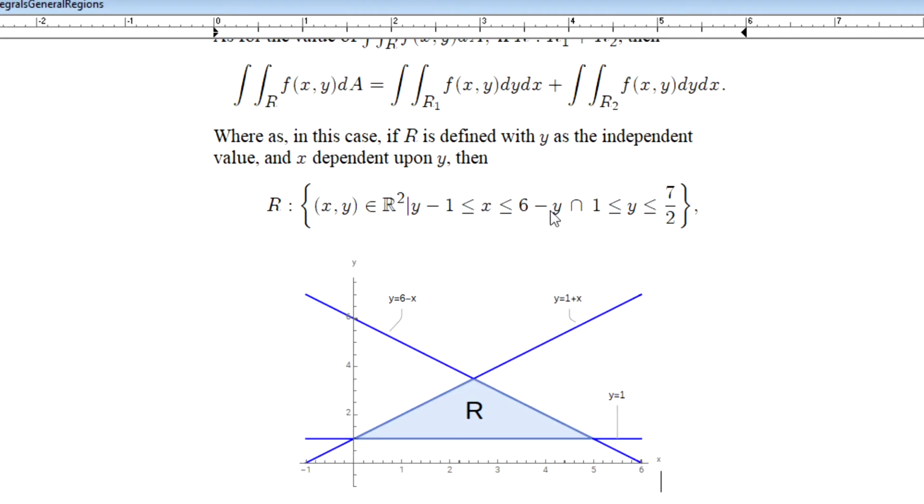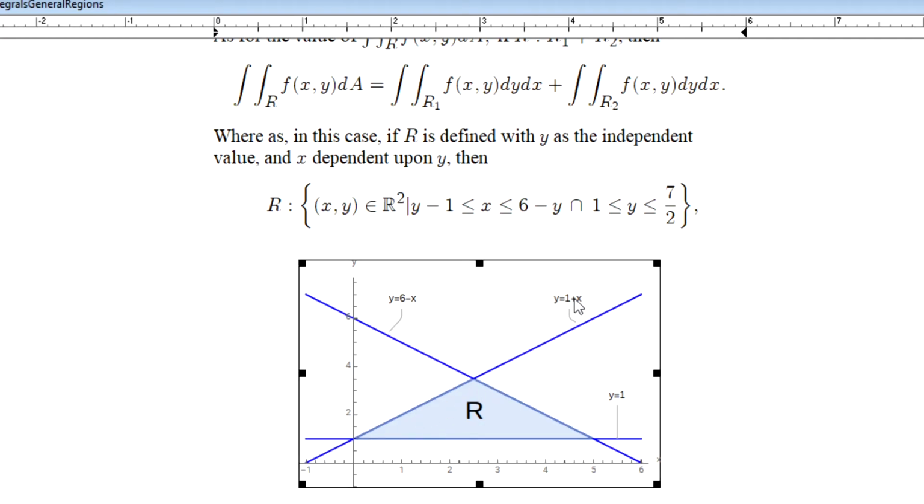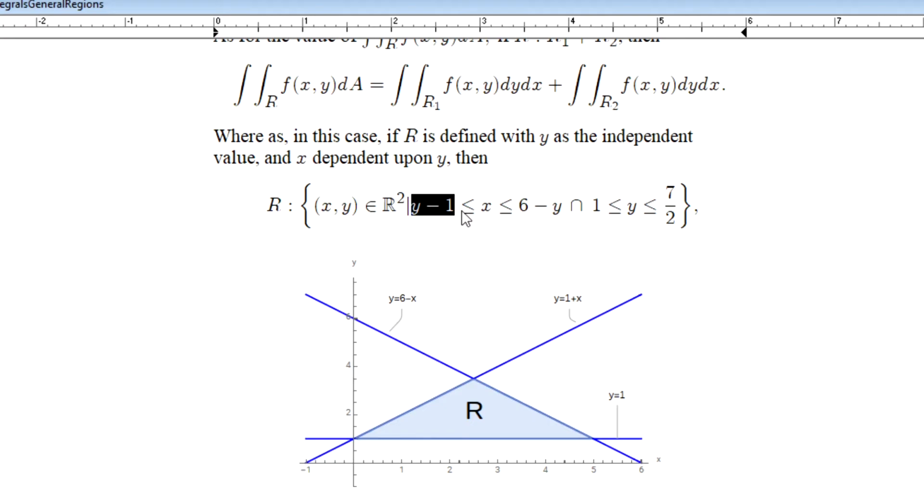As for the bounds on x, those are going to be given by functions of y. The leftmost bound is going to come from the curve y equals 1 plus x, but it's going to have to be expressed as a function of y, meaning I'm going to have to solve this for x. Solving this for x, I just subtract 1 from each side, and I end up with x being equal to y minus 1.